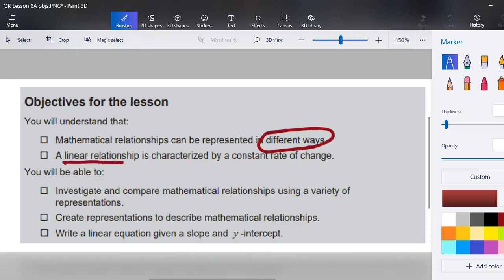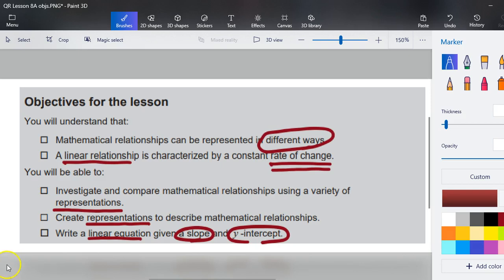We are going to talk about a linear relationship, and you would want to add this rate of change to your list of vocabulary or a Google document, flashcards, whatever it is that you have started in learning the words for this course. We're going to be able to investigate and compare mathematical relationships using a variety of representations, and we're going to create those representations to describe these mathematical relationships. And then we're going to write a linear equation once we're given a slope and a y-intercept.